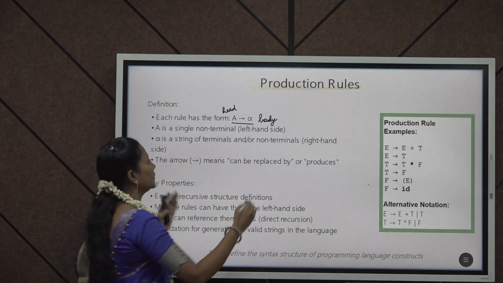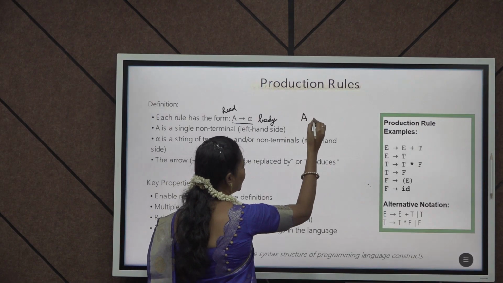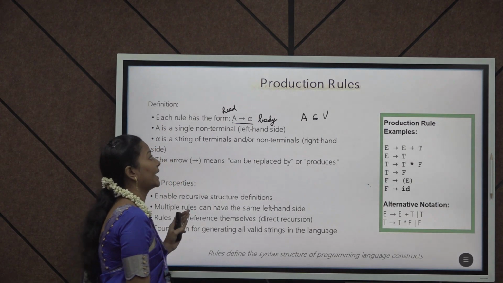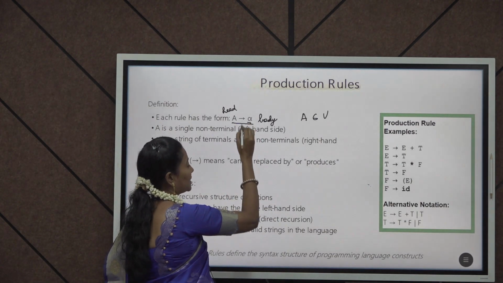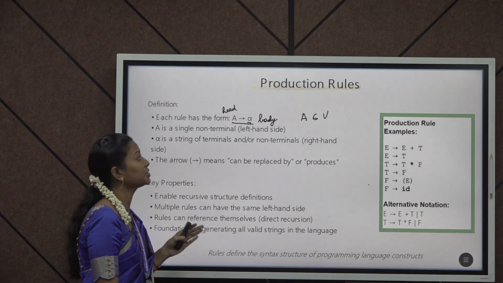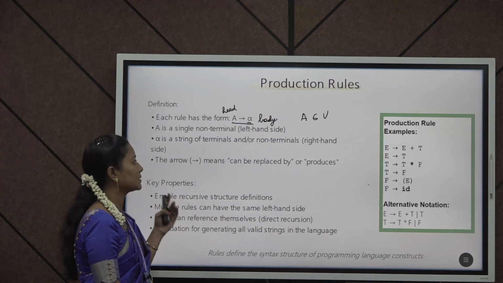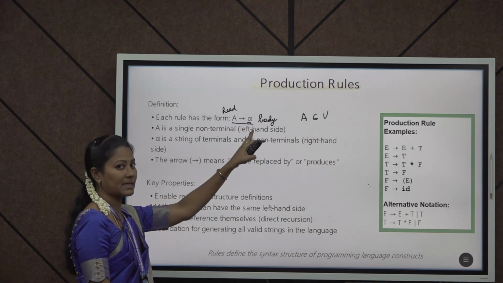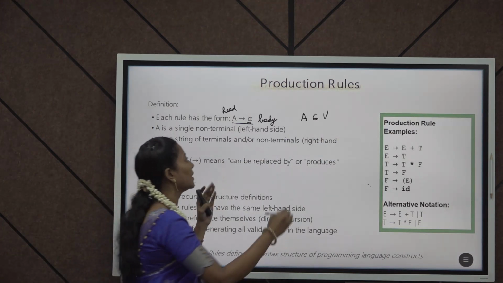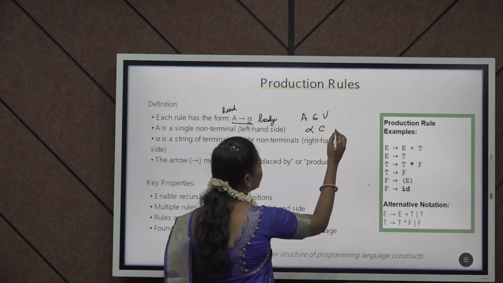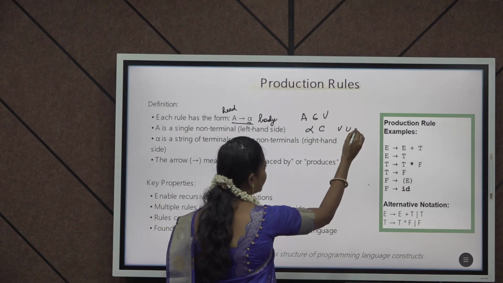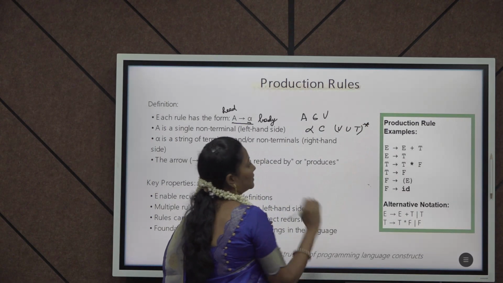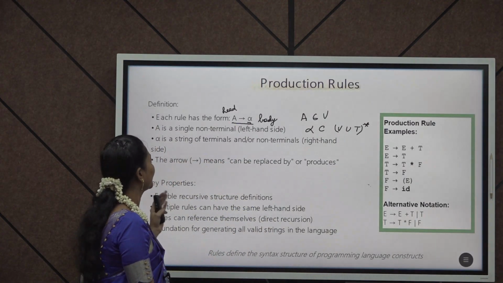A belongs to V, where V stands for variables, and alpha, the body, can be a combination of terminals as well as non-terminals, with 0 or more occurrences.